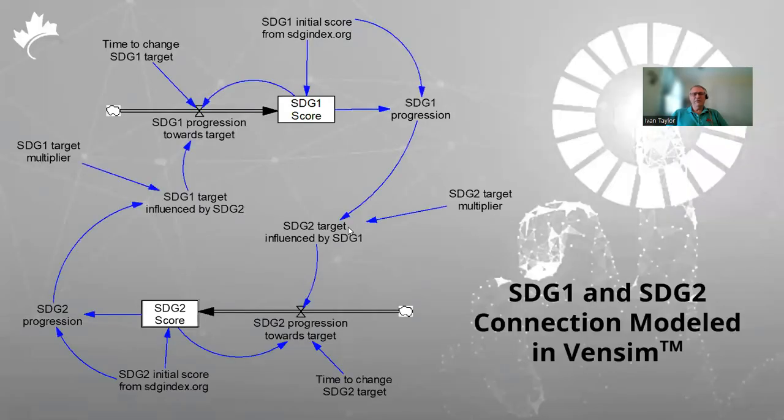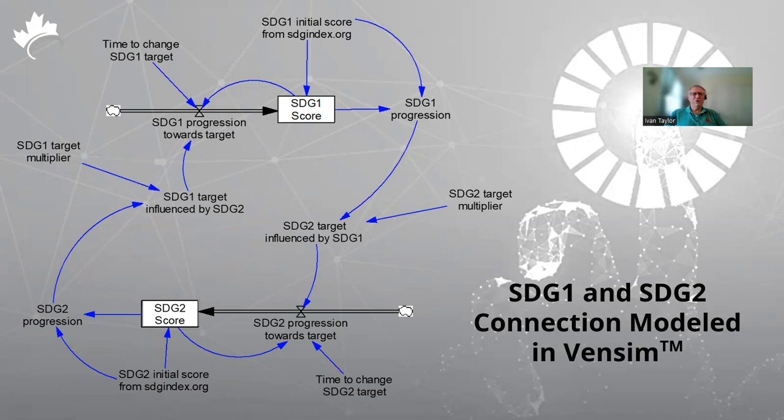Here's how we developed the system dynamics model in terms of stocks and flows. We modeled each SDG as a stock in system dynamics language, which is the thing that's accumulating over time, and we measured it on a scale of 0 to 1, where 0 was poor and 1 was good.